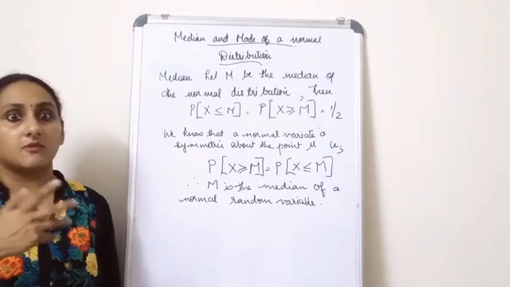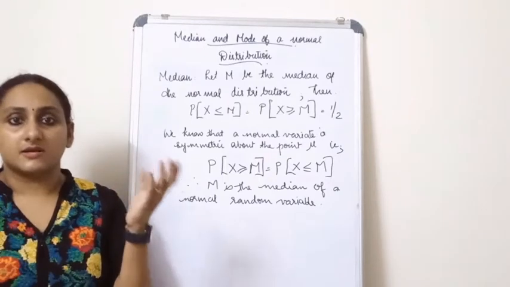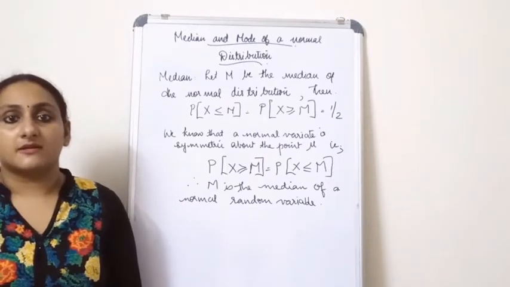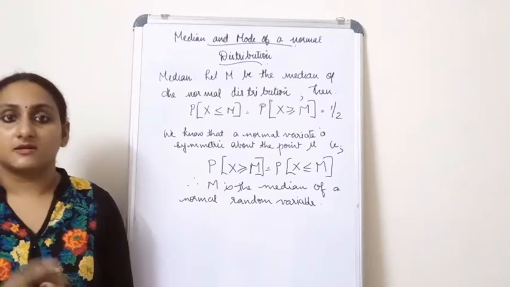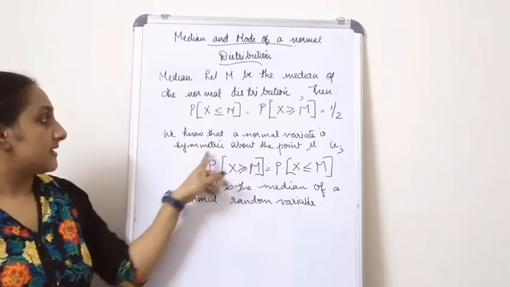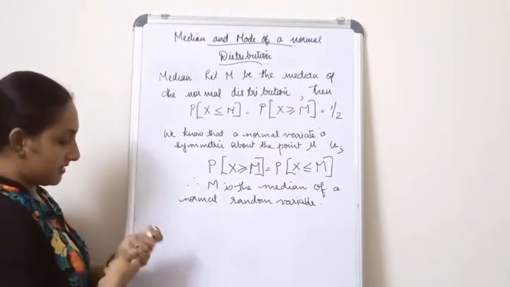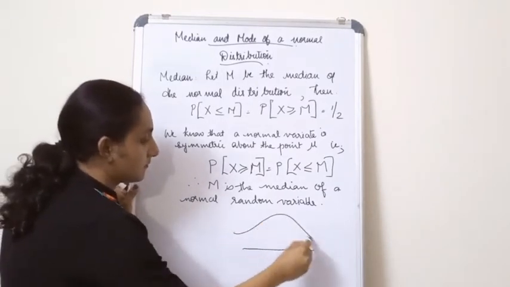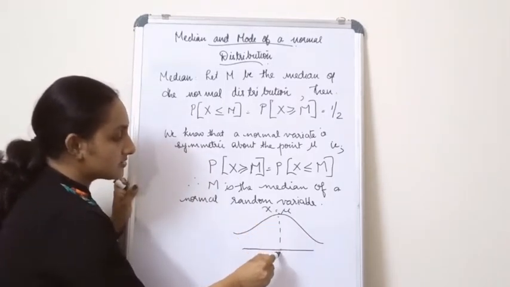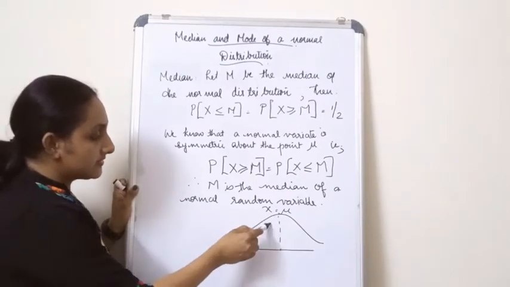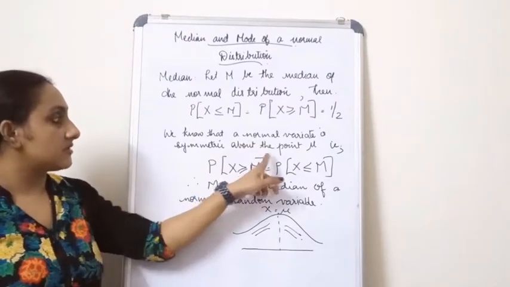We all know that because when we draw the graph of a normal distribution, we get a bell-shaped curve, and we know that there is a point where the mu, or the average, the mean of the values of x lies, and if you draw a line towards the x-axis, we know that this part and this part both are symmetrical and equal.